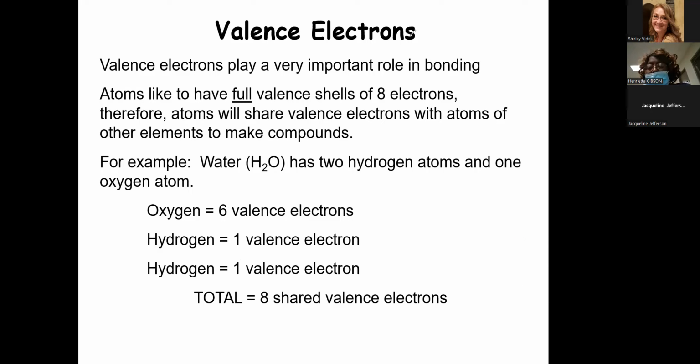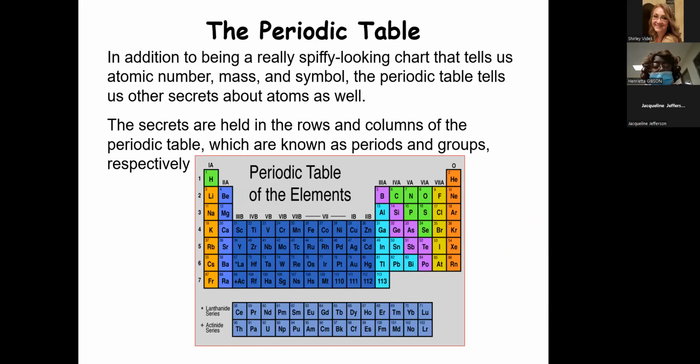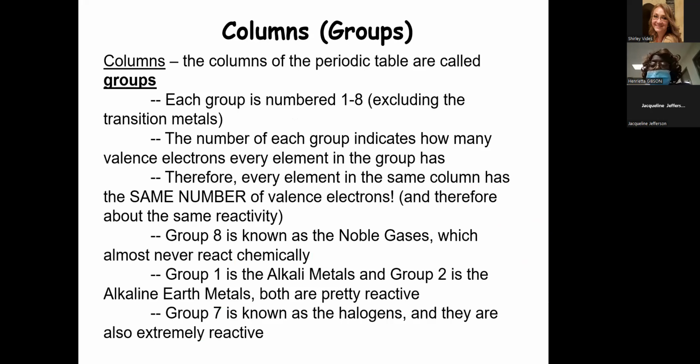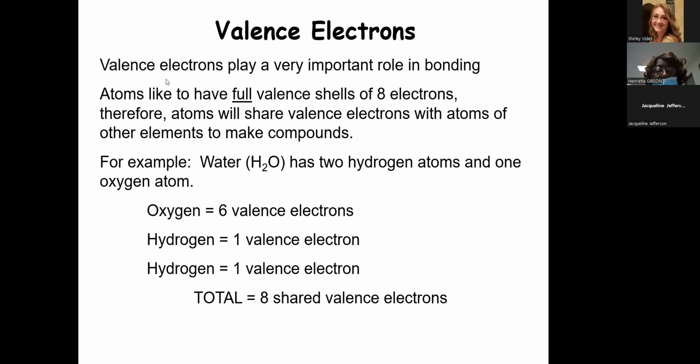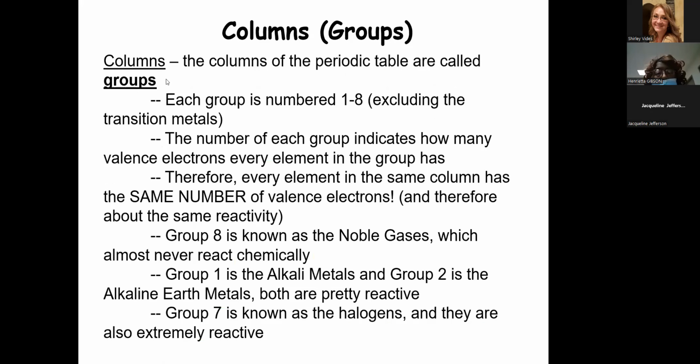All right, so let's go. Next one. This is what we learned. The columns of the periodic table are called groups, right? And with groups, you have 1A, 2A, 3A, like that, and that tells you how many valence electrons are in that group.